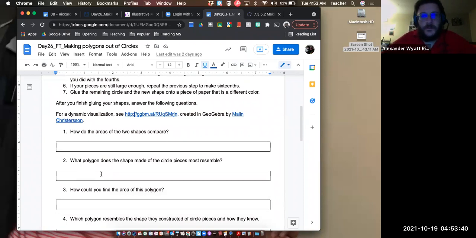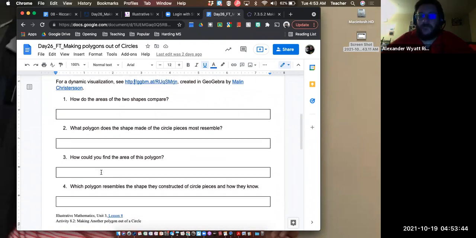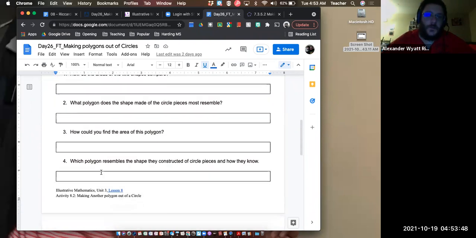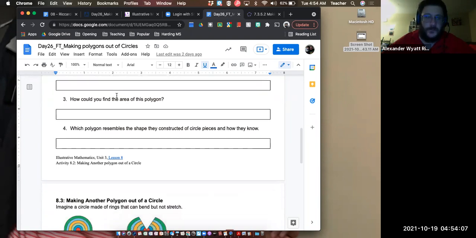You want to say parallelogram, but it could be a rectangle. How can you find the area of this polygon based on the height? Which represents the shape they constructed of circle pieces, and how do they know? That question sounds a little redundant, but it still looks like a parallelogram, and that's based on the base, which is half the circumference, times the height, which is the radius.